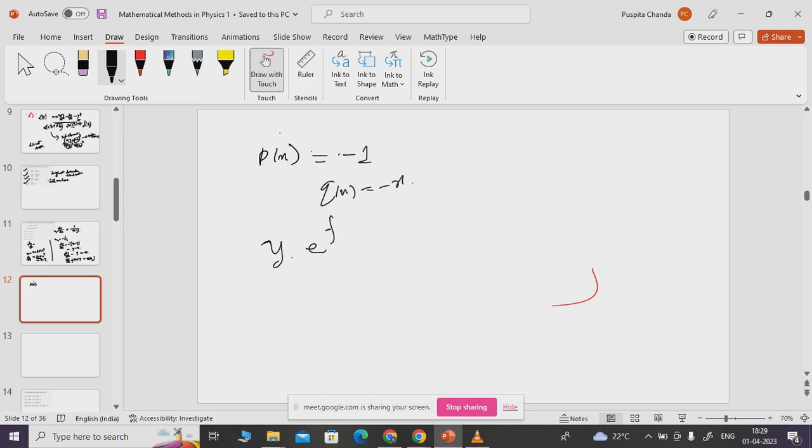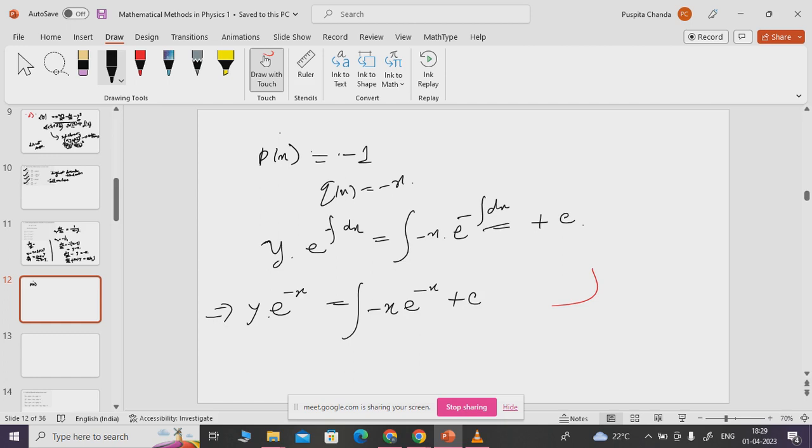So the equation y into e to the power minus integral of dx is equal to integral of minus x e to the power minus x dx plus c. So this is y e to the power minus x is equal to integral of minus x e to the power minus x plus c. For this integration, there is also a constant term, but all those constant terms are taken care of by this c.